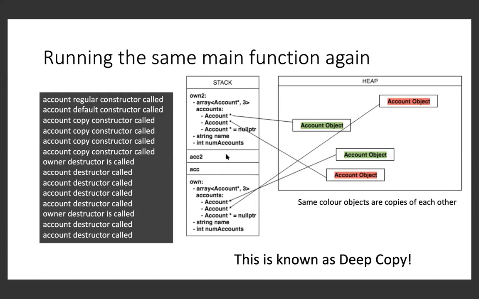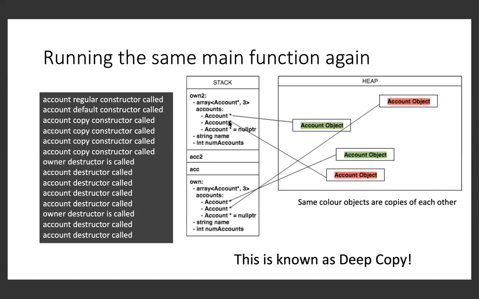We did not copy the addresses. We went to the heap of whatever this pointer is pointing to, and we made a new account object, copying the values of this account object. So now we have another account object on the heap, which has the same copy of this account, and it is being pointed to by this account pointer right here.